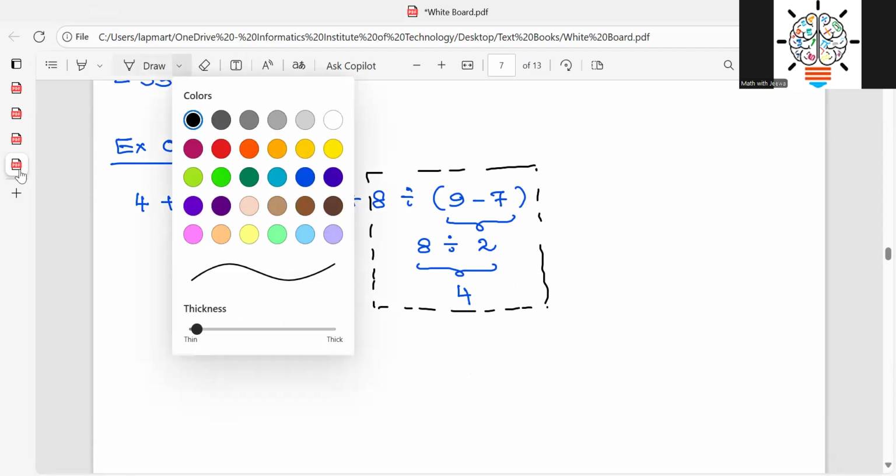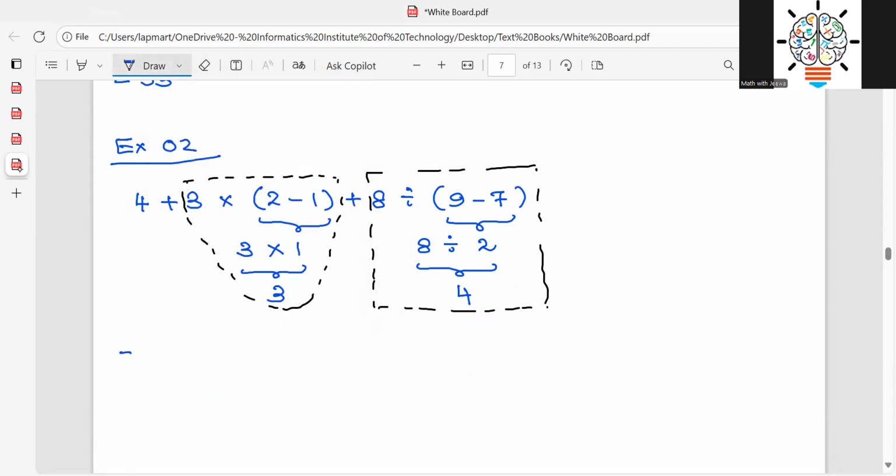So then I have 4 plus 3 plus 4, right? The answer is 11. Okay, when you have this kind of thing, first you want to simplify the bracket, right? So here, inside the bracket, we don't have complicated things. Instead, we have only the simple subtraction.